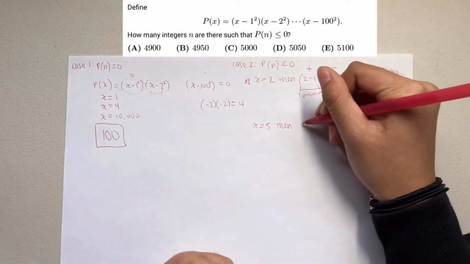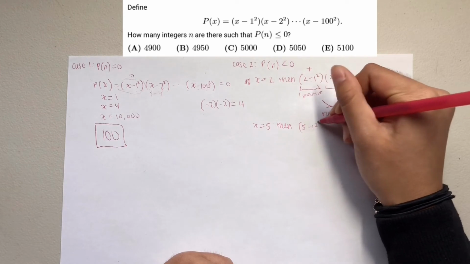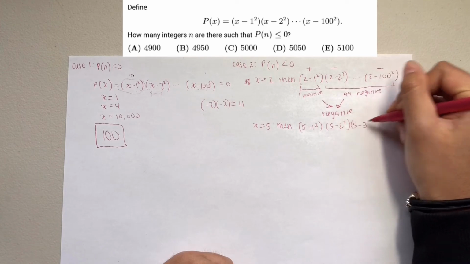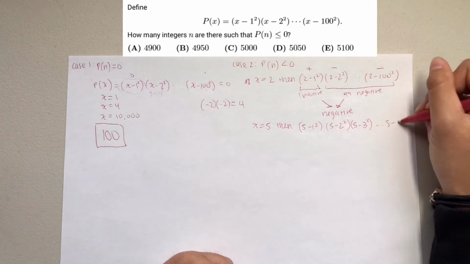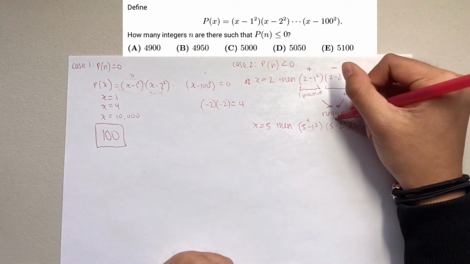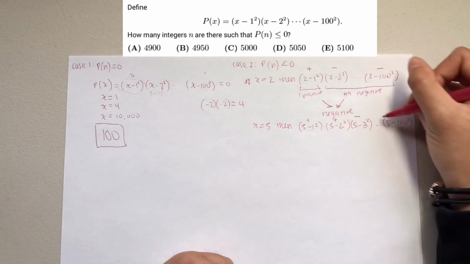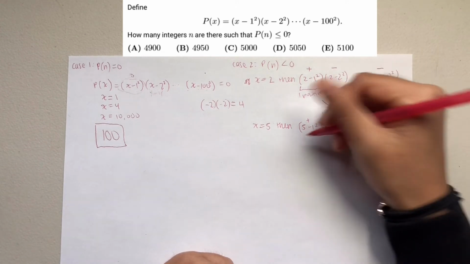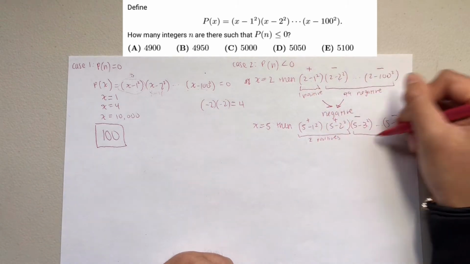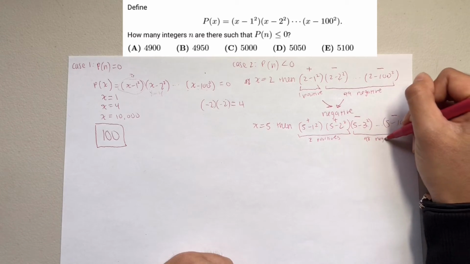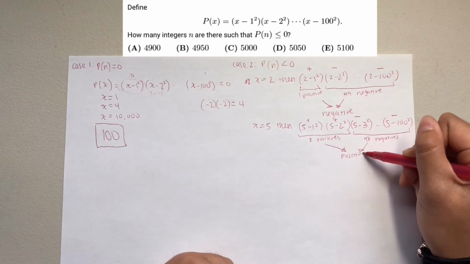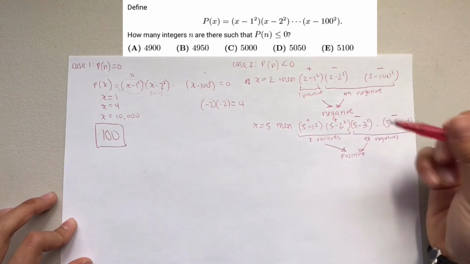Then if we plug that in, we would get (5 minus 1) squared, (5 minus 2) squared, (5 minus 3) squared, all the way to (5 minus 100) squared. And so this would be positive, this would be positive, 5 minus 9, that's negative, these would all be negative as well. And so that would mean there's 2 positives and there's 98 negatives. Now if you experiment some more, you'll start to see that a pattern emerges.